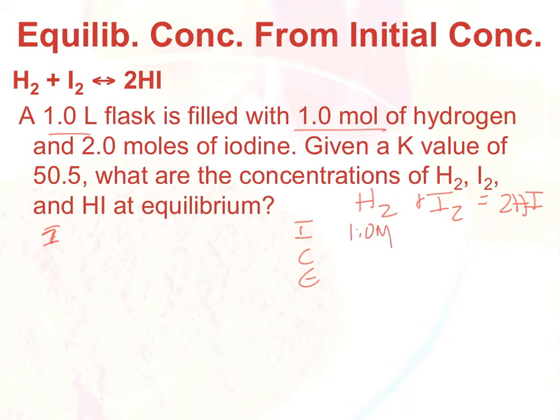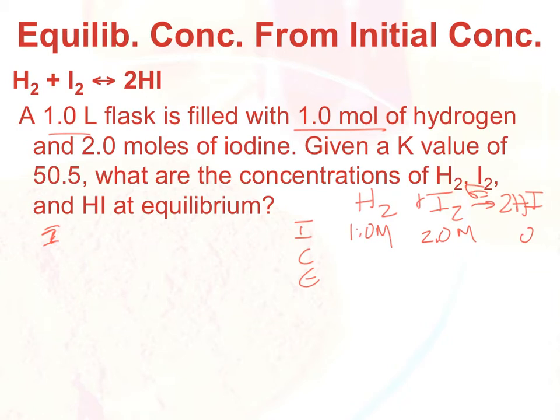Our I2 is 2 moles of iodine in the 1 liter flask, so we're going to have this concentration of I2, and obviously initially we're going to have 0 concentration of HI.